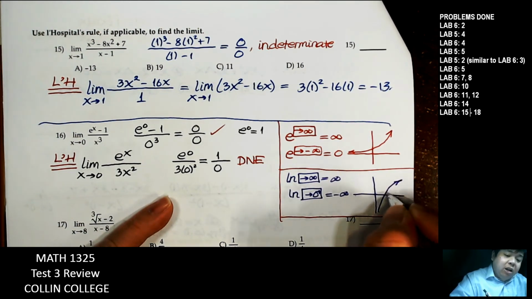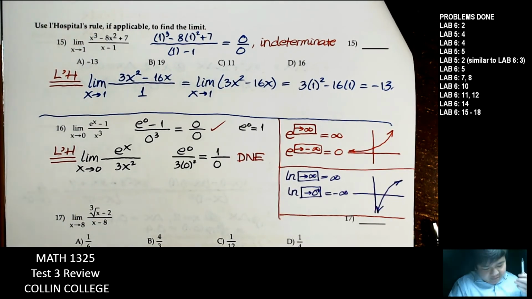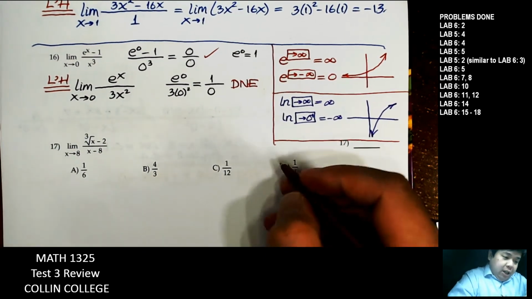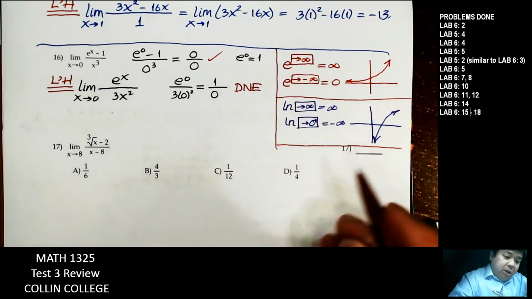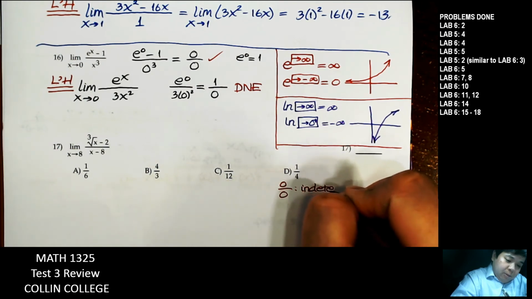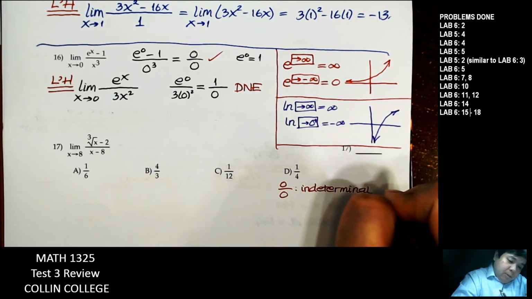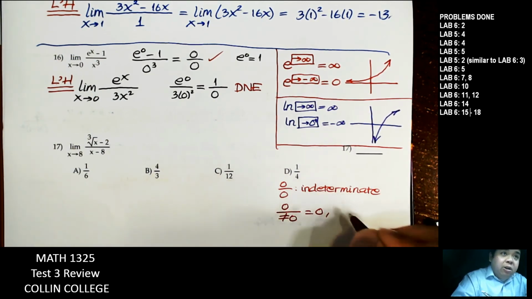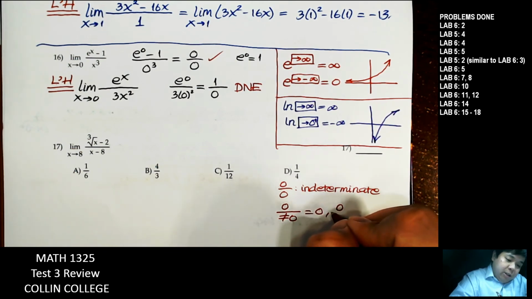On one side it goes to infinity, on the other side it goes to 0. There's ln too. ln of something that goes to infinity will be infinity. ln of something that goes to 0 from the plus side is negative infinity. The graph will be like this. On one side it goes to infinity, on the other side it goes to negative infinity when x goes to 0.